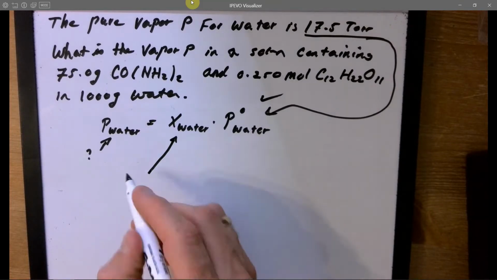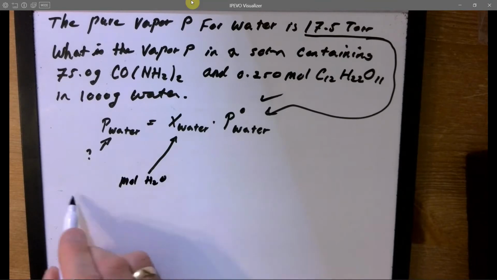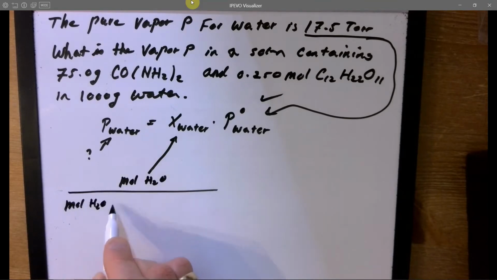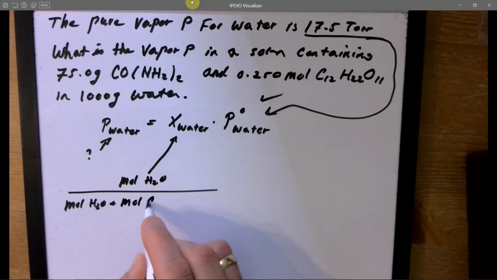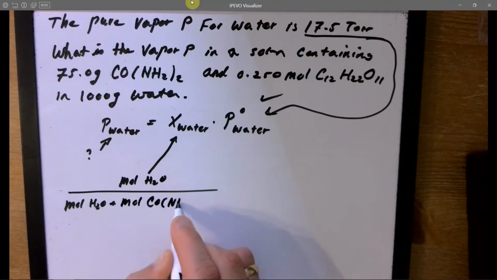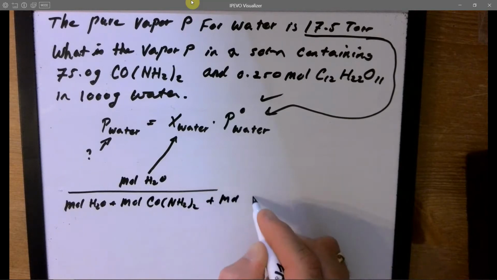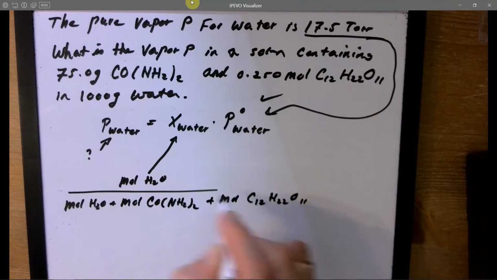It's the moles of water divided by the moles of water plus the moles of CON2H4 (urea) plus moles of C12H22O11.